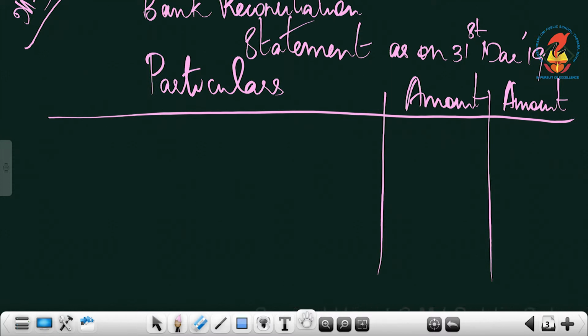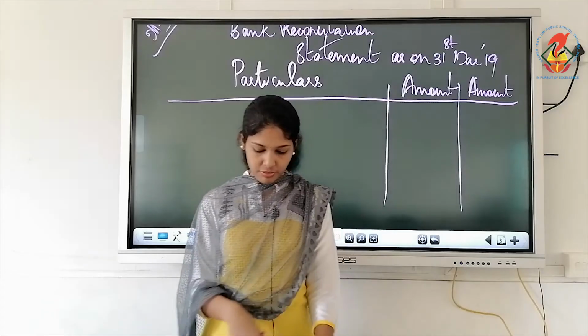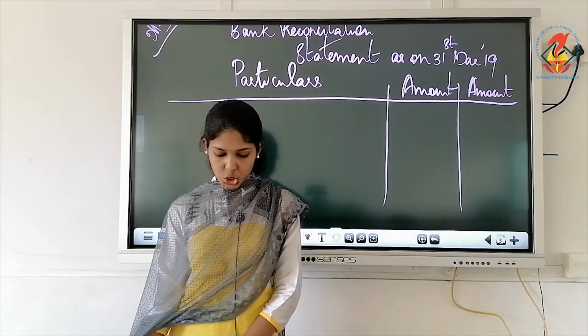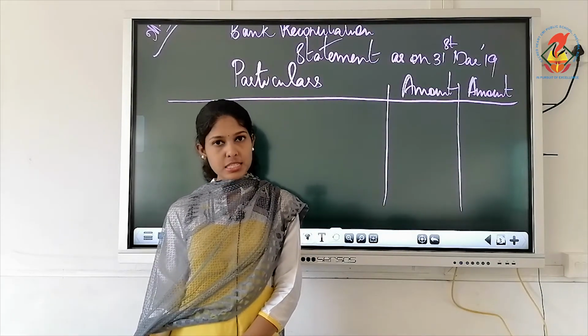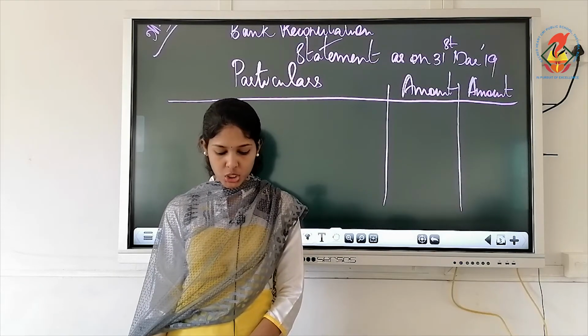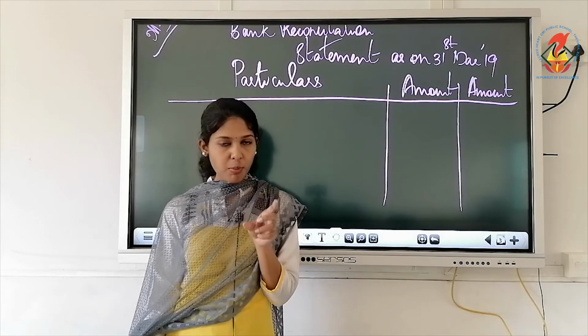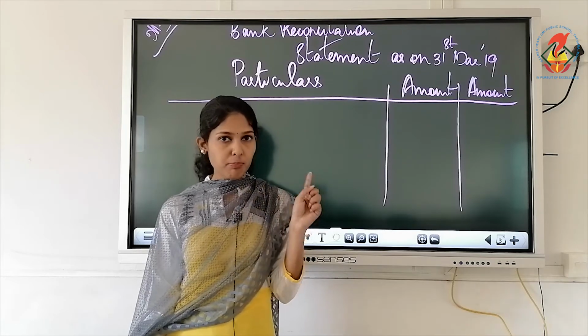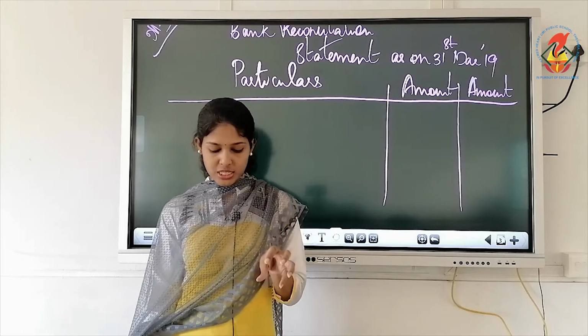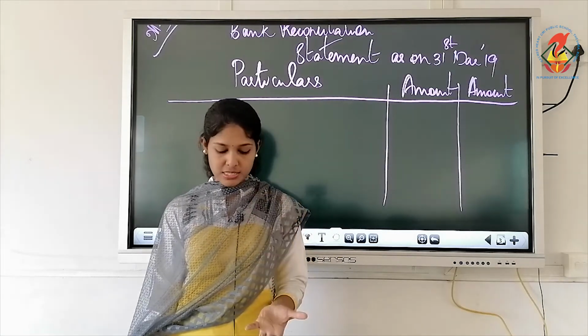Okay, so the first item given there is, out of total cheques of 10,000 issued, cheques aggregating, means totaling 3,000, were presented in March. The dates are important, so we are doing BRS as on 31st March 2019. So out of 10,000, 3,000 were presented in March.